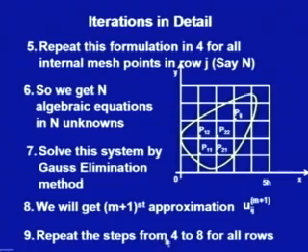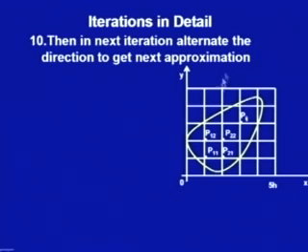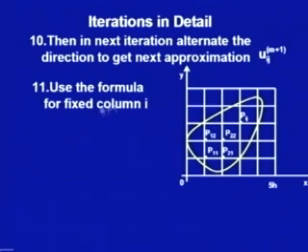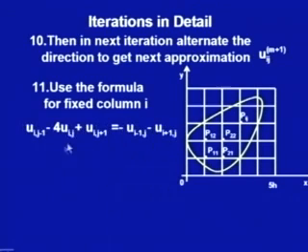In the next step, we alternate the direction to get the next approximation u i j at m plus 2. So, we will use the formula for fixed column i: u i j minus 1 minus 4 u i j plus u i j plus 1 is equal to minus u i minus 1 j minus u i plus 1 j. We will again substitute the m plus first approximate values, which we got in the last iteration, on the right hand side.